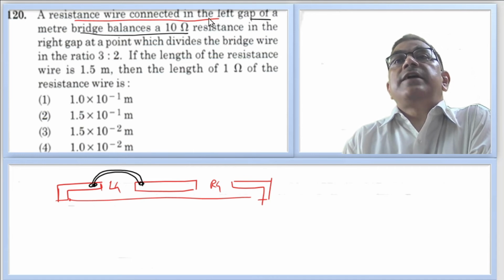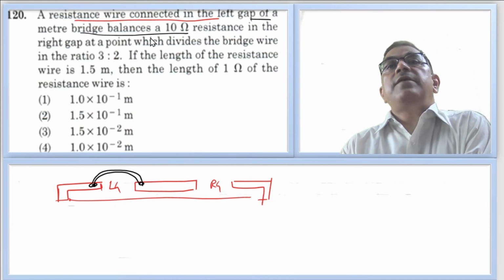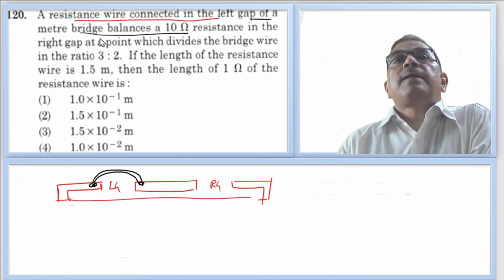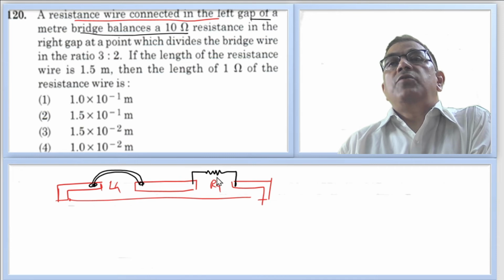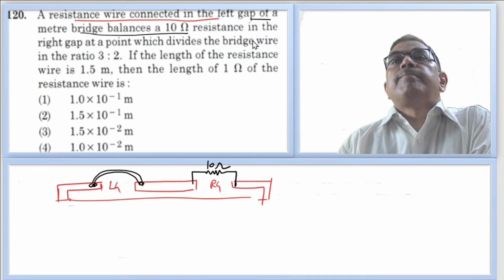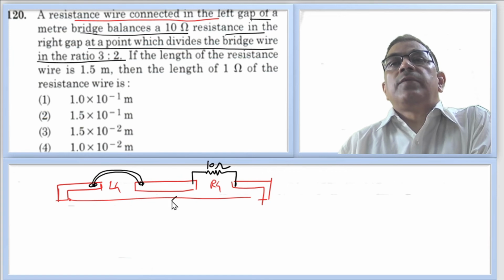A resistance wire connected in the left gap of a meter bridge balances a 10 ohm resistance in the right gap. So over here is a 10 ohm resistance in the right gap, which divides the meter wire in the ratio 3:2.